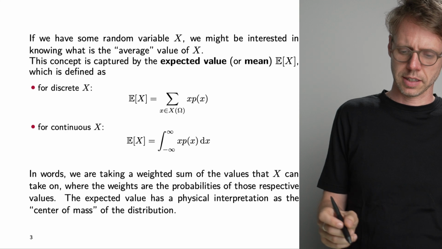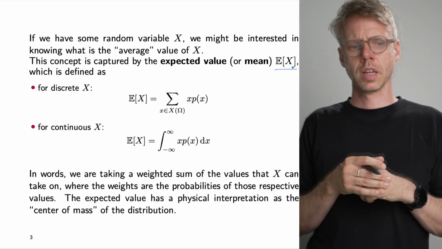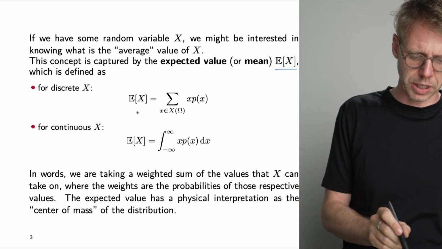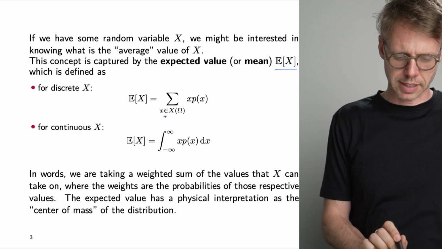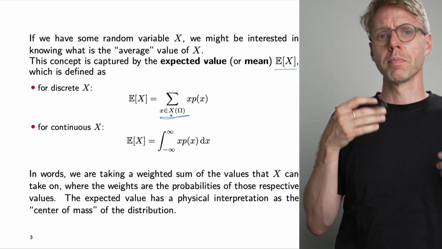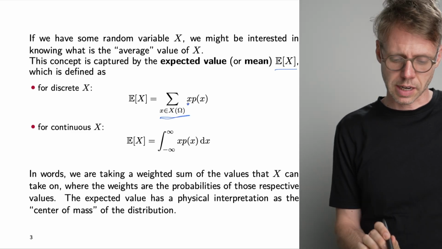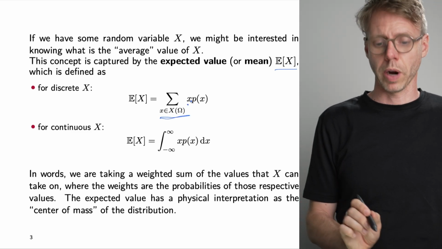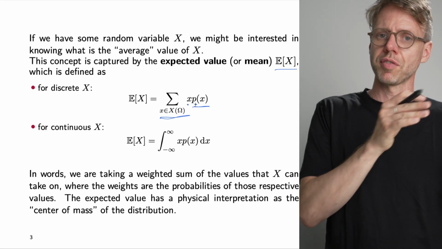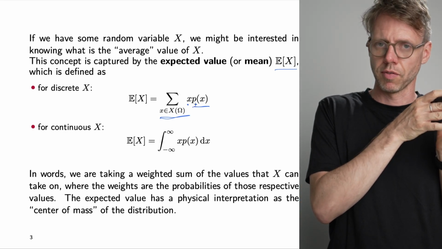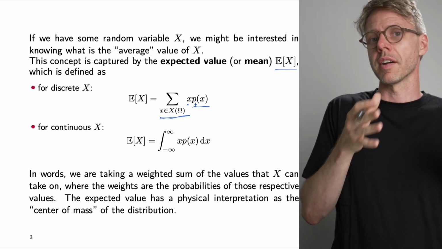It's written as E of x, and for discrete probability distributions, it is given by the sum over all possible values that the random variable can take, summing up each value weighted by the probability of seeing this value. So it's a weighted sum, a weighted average.